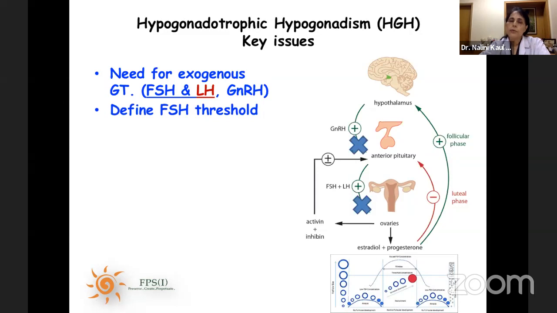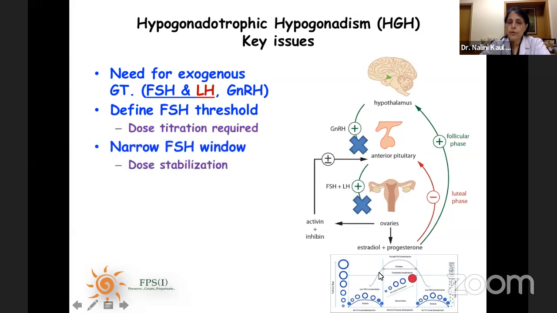So what is important here? What is the key point? The key point is you have to find or define the FSH threshold, because if you go below the threshold, if you're not given enough FSH, the egg initiation of development is not going to happen.